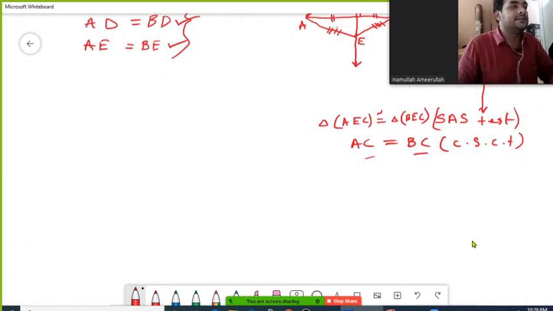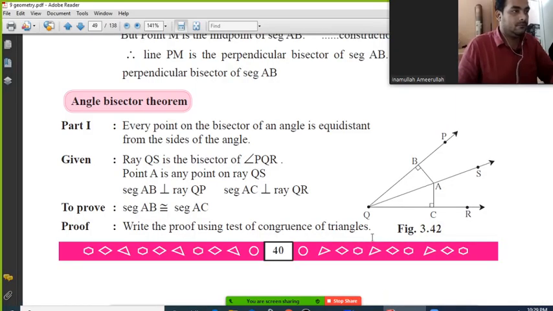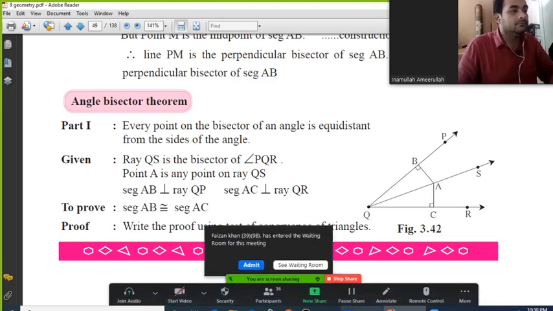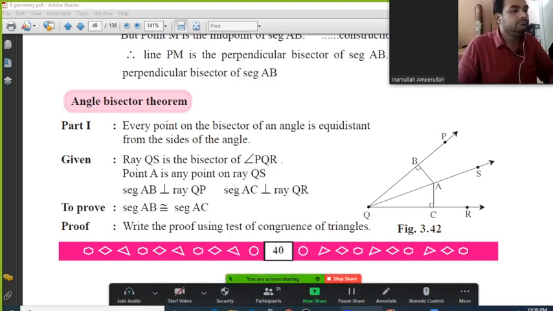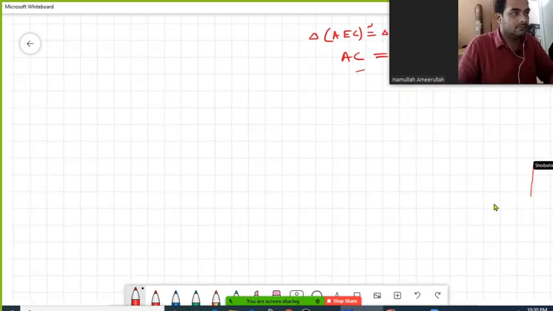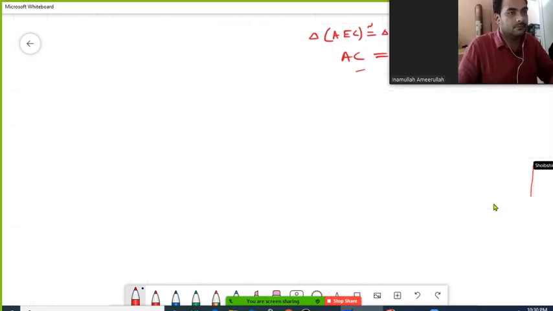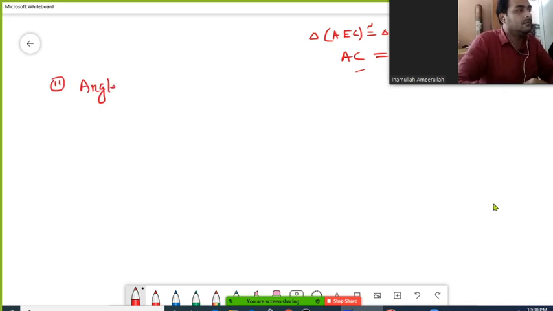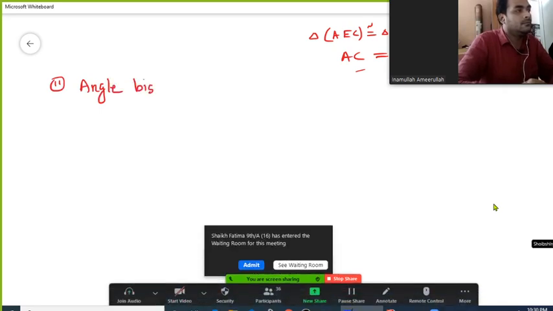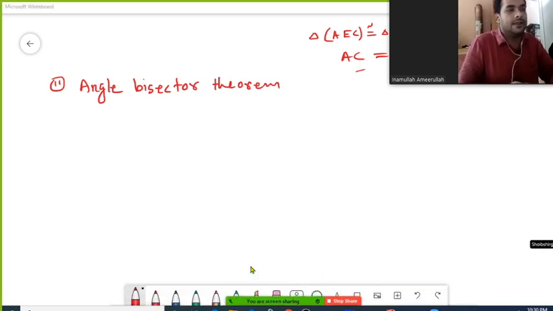Now next is the angle bisector theorem. So this is your second theorem, angle bisector theorem.